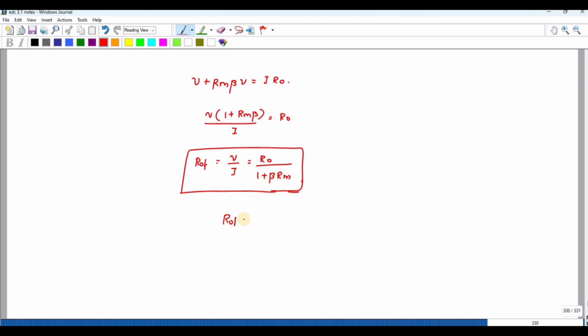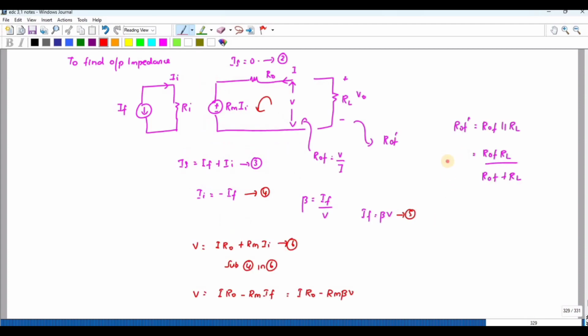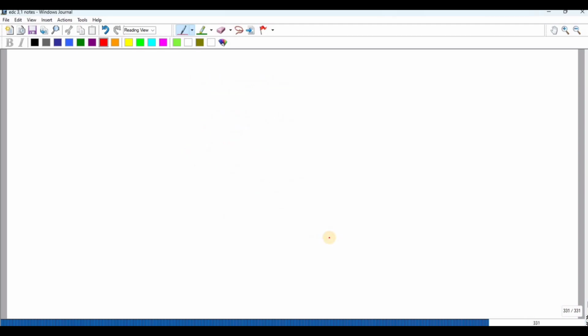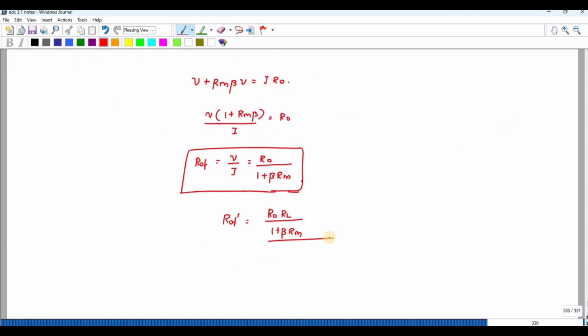So next we need to find the value of R naught F bar. R naught F bar is nothing but R naught F RL divided by R naught F plus RL. So you substitute this value. Instead of R naught F, you substitute R naught divided by 1 plus beta Rm, plus RL.